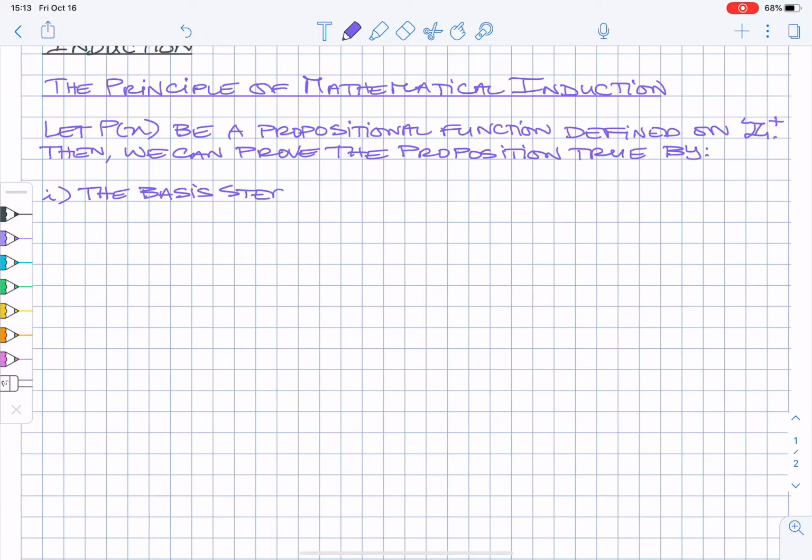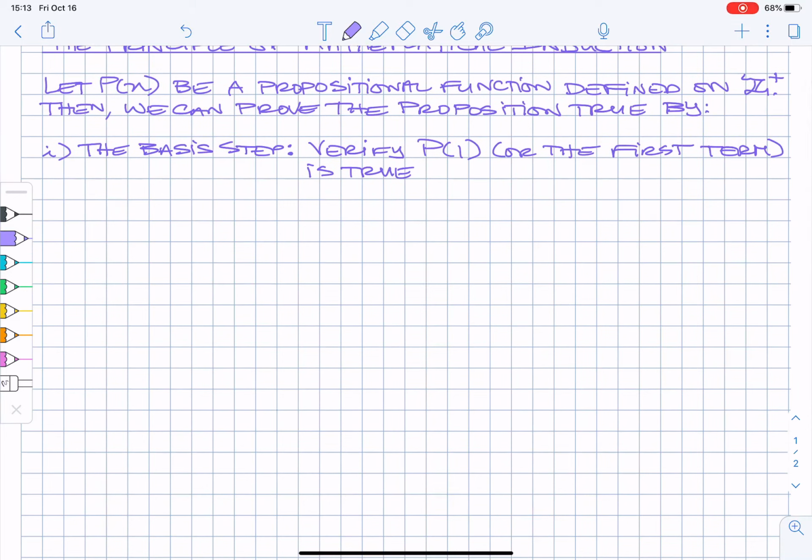The basis step is to verify P of 1, or the first term, whether it starts at 1 or otherwise, is true. So you have to verify that the first possible input in counting order is true.